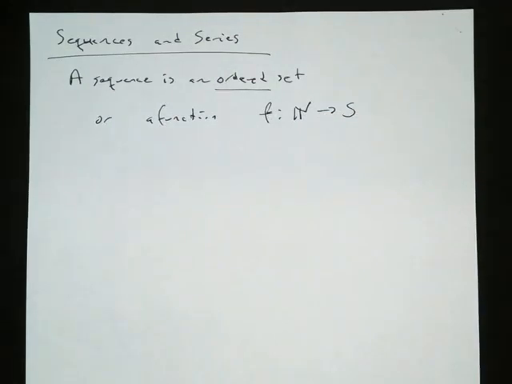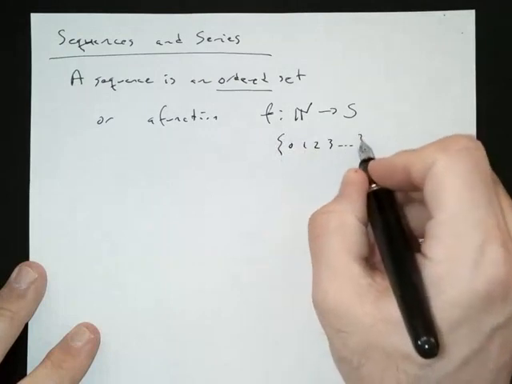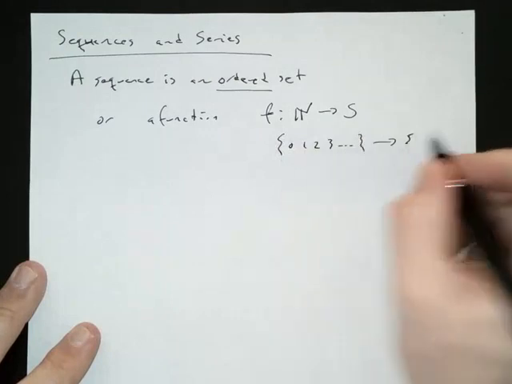So if I had a set of things, I could say this is the first element, the second element, a function from the set N, the natural numbers, to S. Remember, that's 0, 1, 2, 3, dot, dot, dot, to S.